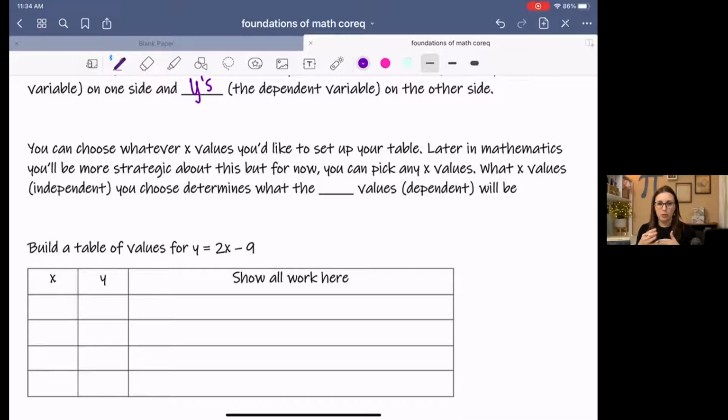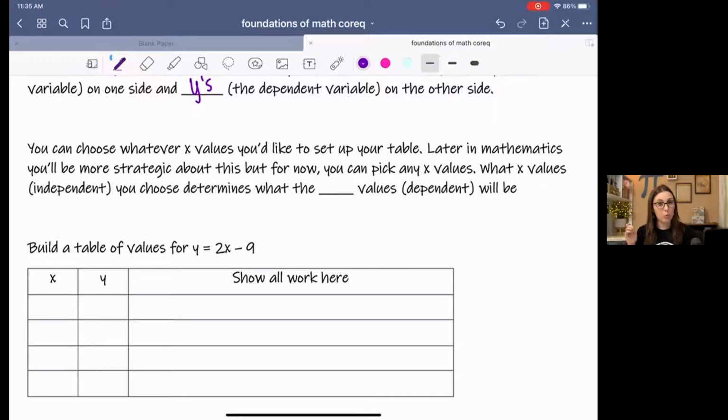As we go further into tables of values, you want to be a little bit strategic about the x values that you choose, so that you can get a better idea as to what your function looks like. For today, though, it doesn't really matter. We're looking at linear functions, and there are no values restricted in the domain, so we can use all the x values. You don't have to worry about all that. But long story short, for the sake of this lesson, you can pick whichever x values you want, or independent variable.